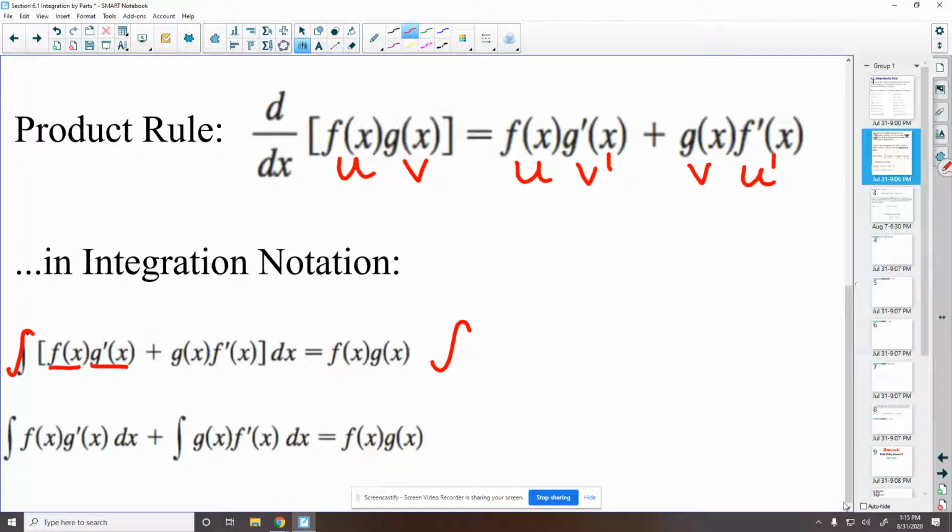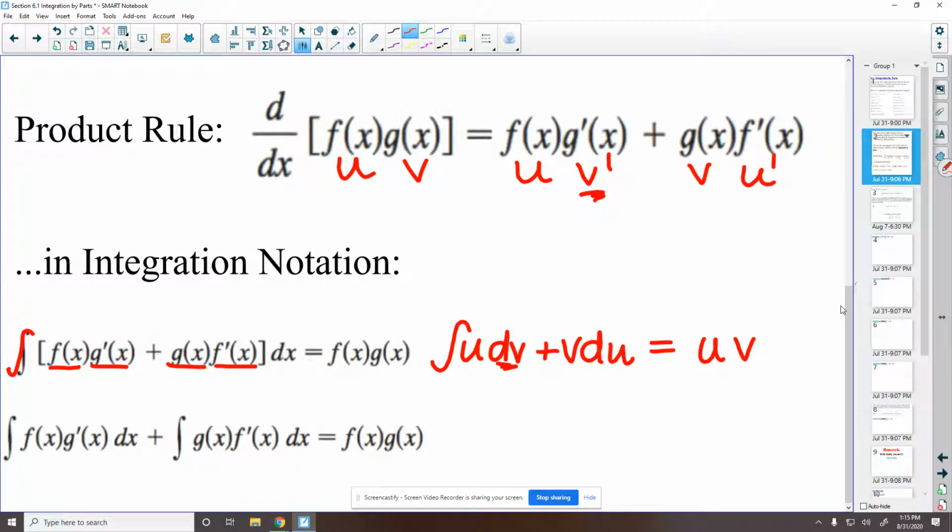So this would be the same as u dv plus g is v, and f prime would be du, so plus v du. And ideally that would equal u times v. So remember, all I'm doing is changing this v prime into dv, which just means the derivative of v. So it's the same thing. Okay? I can keep going.